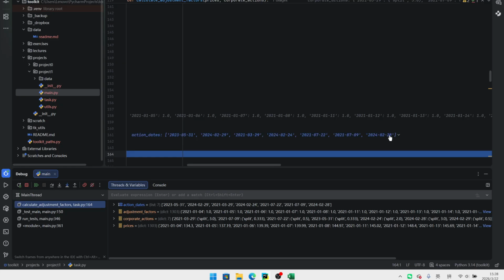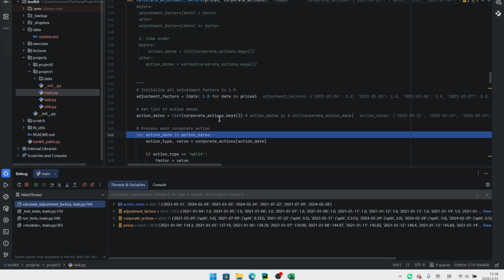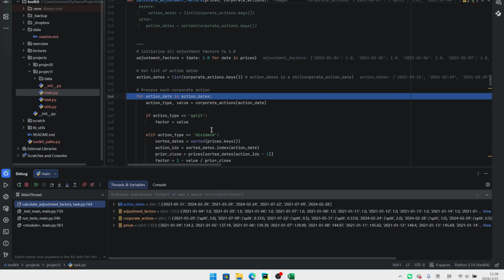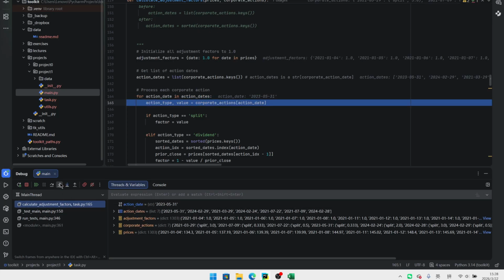2023, 2021, 2000. Yes, actually it should be sorted because it has time. For action date in action dates, action type is the action date.